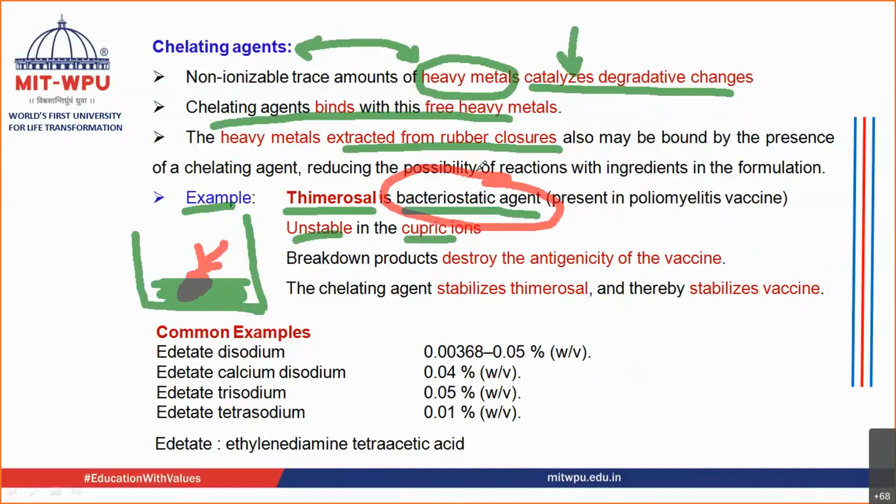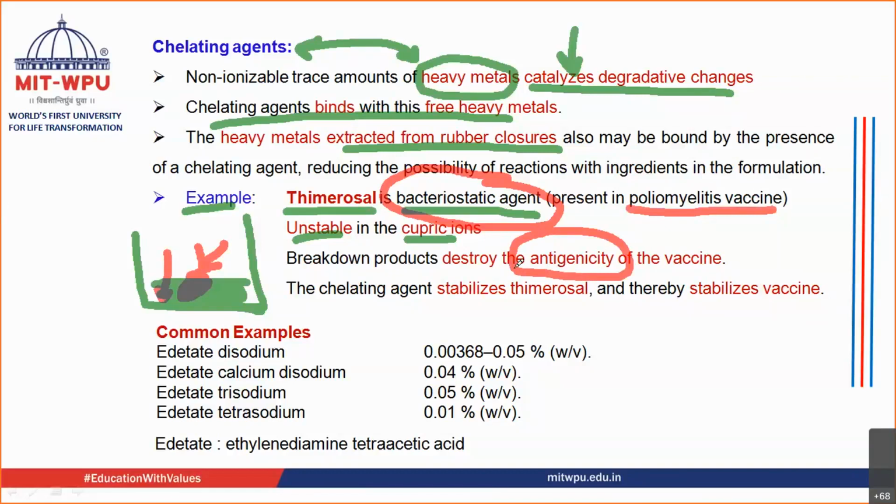If it does not show its bacteriostatic action, then bacteria are going to grow inside this formulation, right? And this thimerosal is used in poliomyelitis vaccine. In polio vaccine, this has been used. Okay. So what is going to happen? This polio vaccine is now going to get degraded, and the antigenicity of this vaccine is going to get lost.